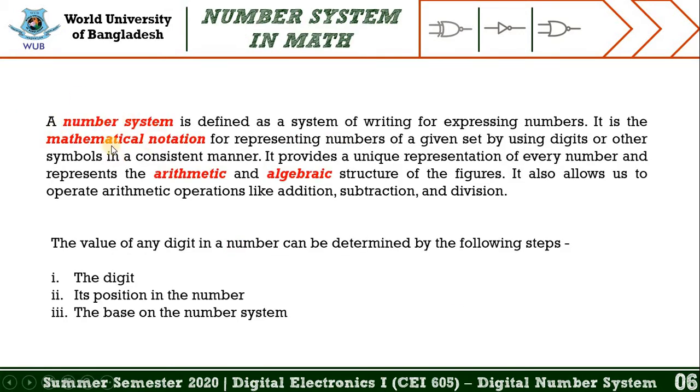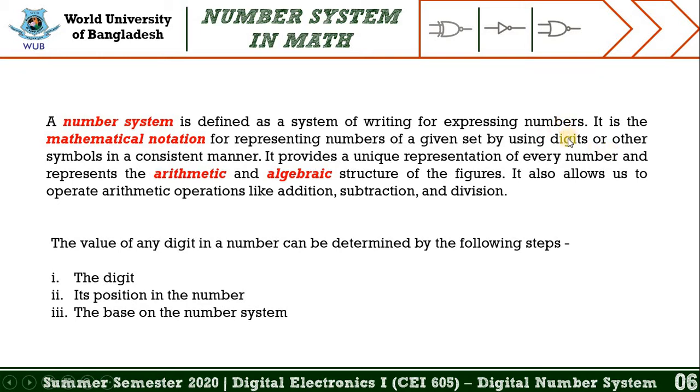From this slide, you may learn what a number system means in mathematics. So let's start with the definition. A number system is defined as a system of writing for expressing numbers. It is the mathematical notation for representing numbers of a given set by using digits or other symbols in a consistent manner.